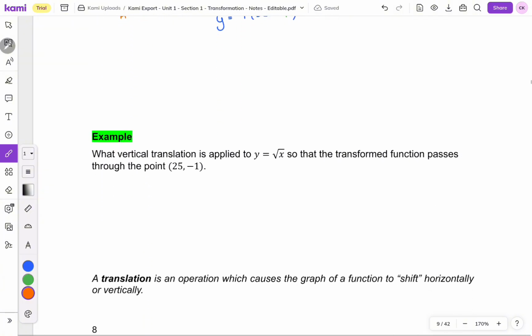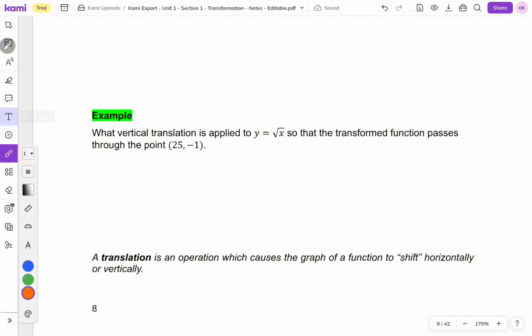All right, last example. So what vertical translation, this is key. This tells me that we are only changing our y value.